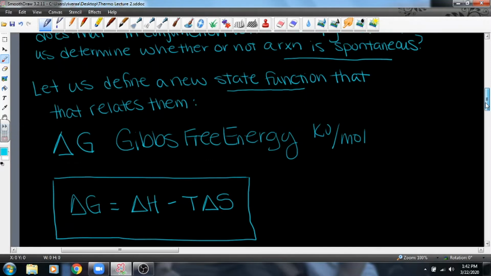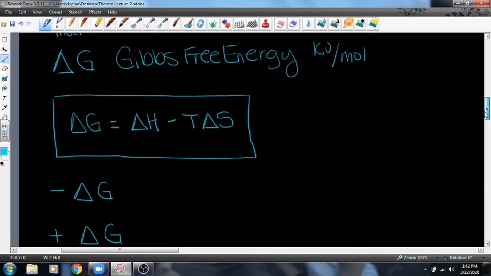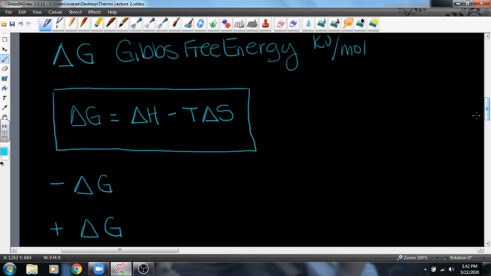So we need to talk about signs of delta H. No, not delta H. We need to talk about signs of delta G and determine whether or not those signs make a reaction spontaneous or not spontaneous. When you have a delta G that is less than 0, or a negative delta G, that means that the reaction is spontaneous in the forward direction.